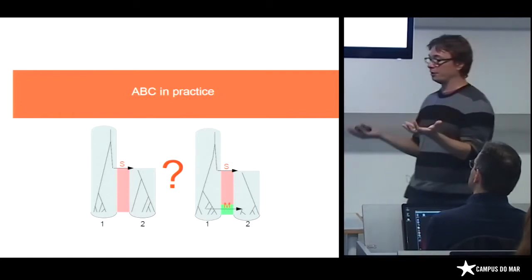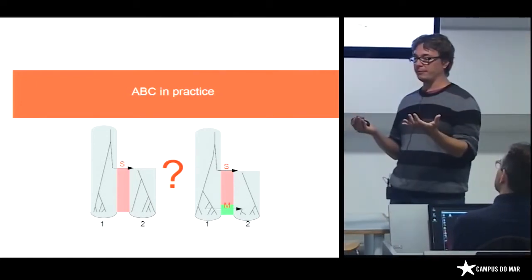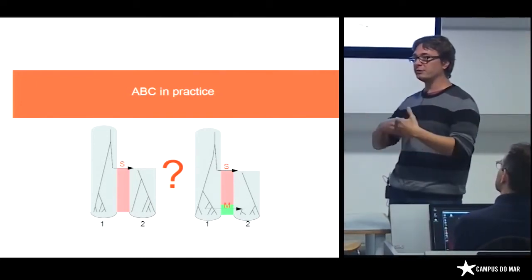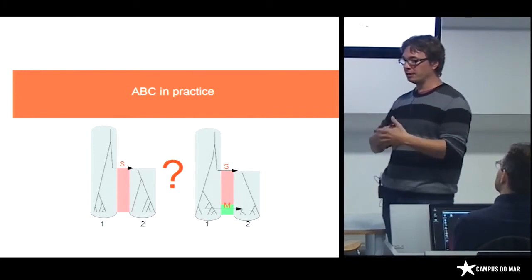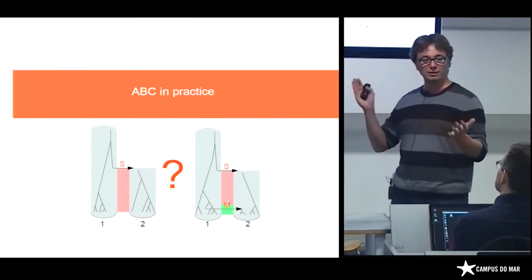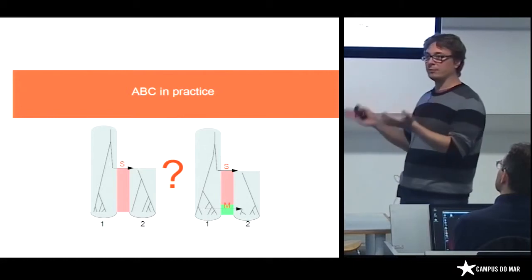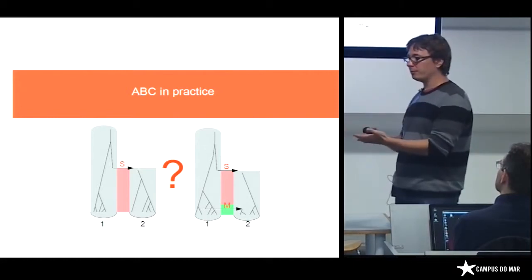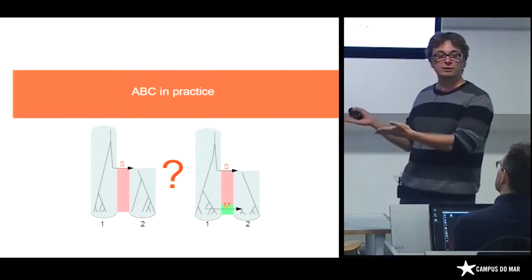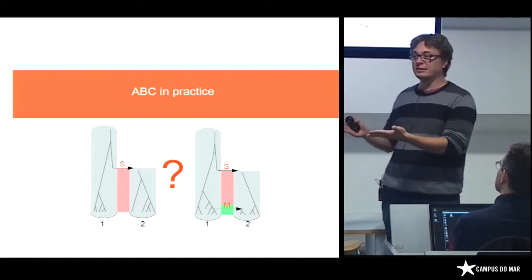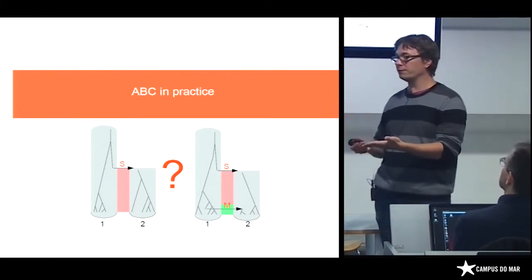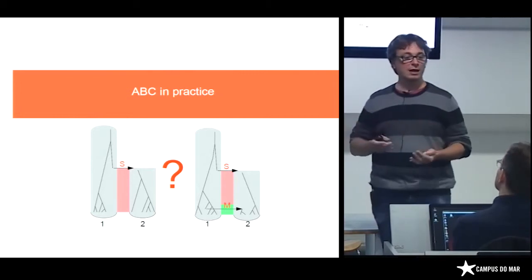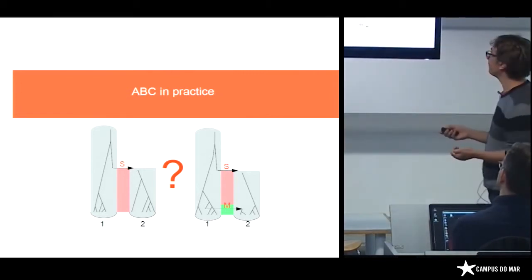ABC is a general statistical method you can use in many areas, not only population genetics. But today I will present an example with speciation genetics and the reconstruction of the history of gene flow, as I presented yesterday.